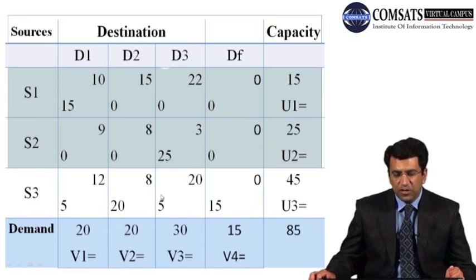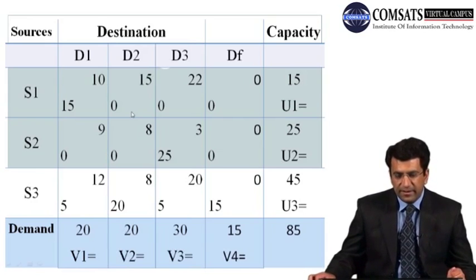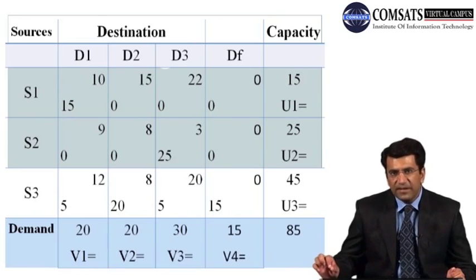But if we see this particular table, you can see that now there are 6 occupied cells, that is S1 D1, S2 D3, S3 D1, S3 D2, S3 D3, S3 DF. Now there are 6 occupied cells which meet the condition of m plus n minus 1 equal to 6.